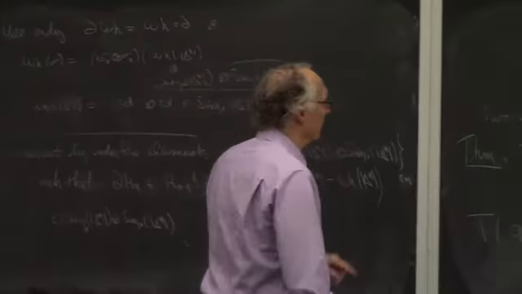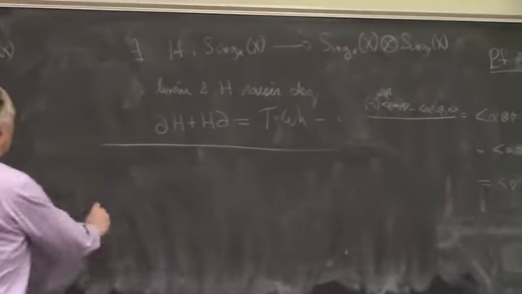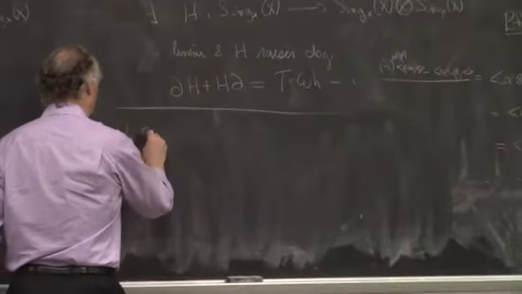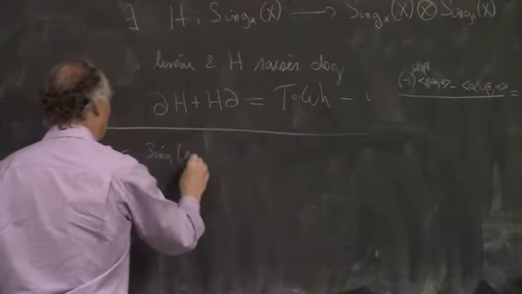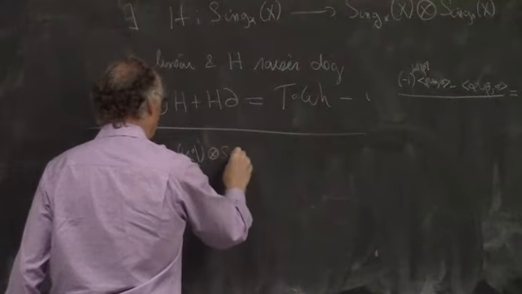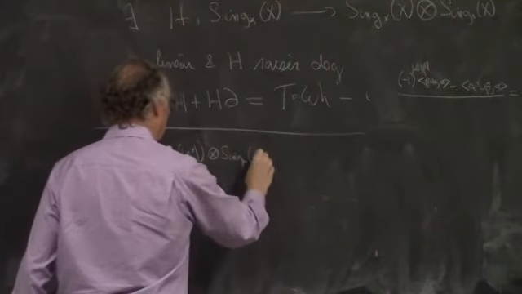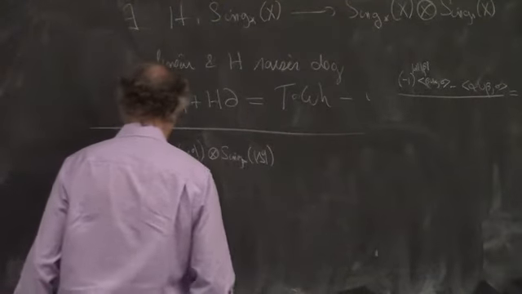Well, we go by induction, and here's where I use my first axiom: H naught of a point, delta naught, tensor of delta naught, is 0.